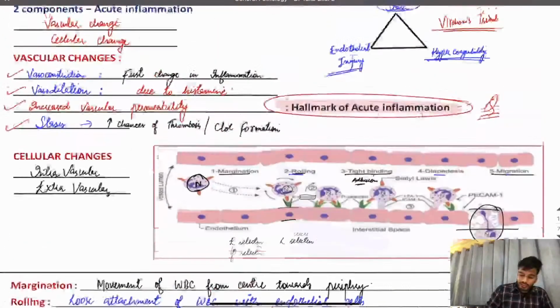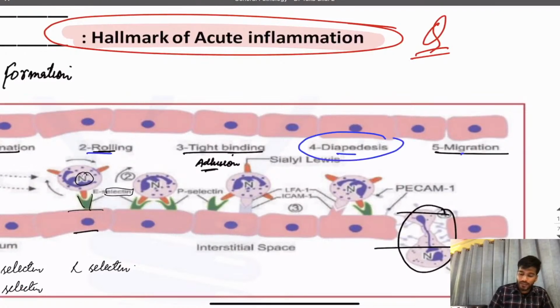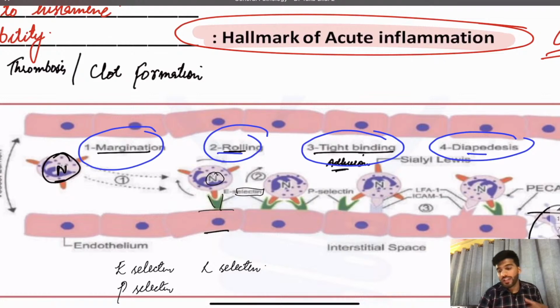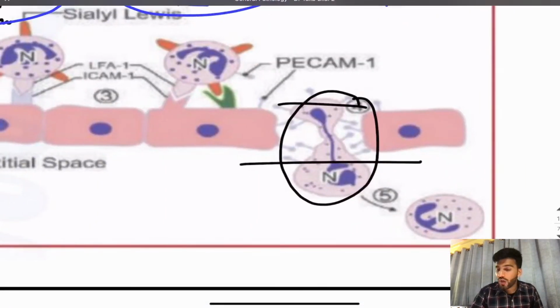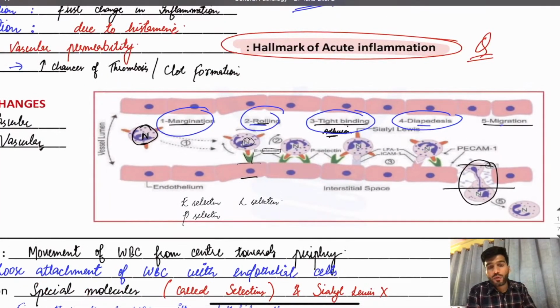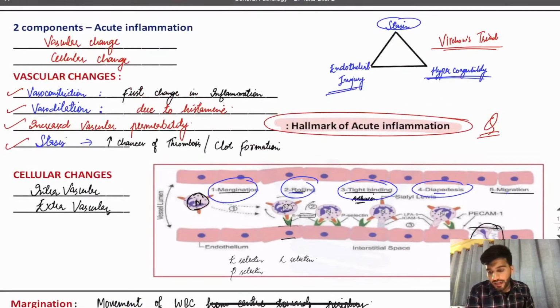All these four events, whether diapedesis, tight binding, rolling or margination, are intravascular events. Now migration will be an extravascular event. What molecules help in rolling, guys? Write down in the comment section fast. Selectins, PQRS.